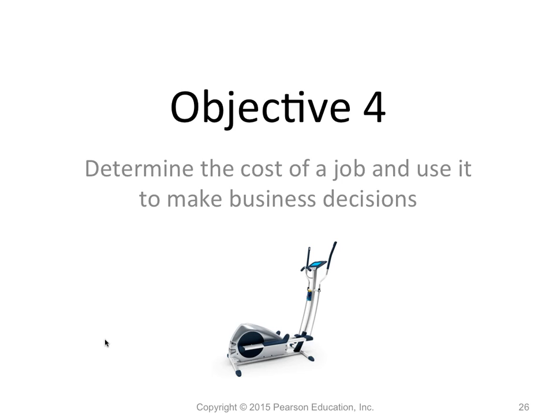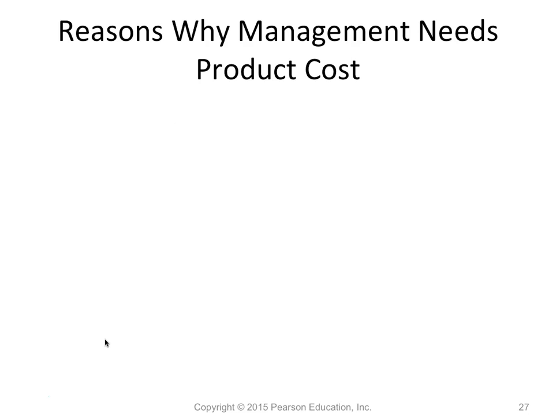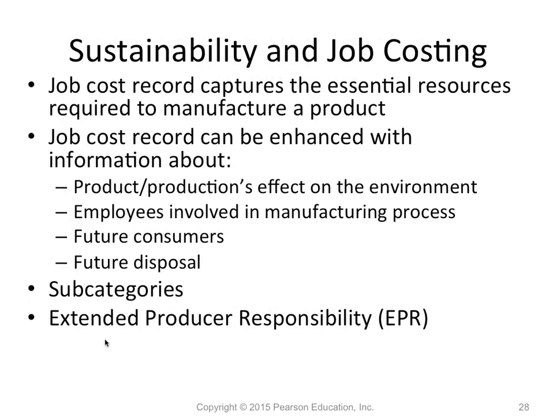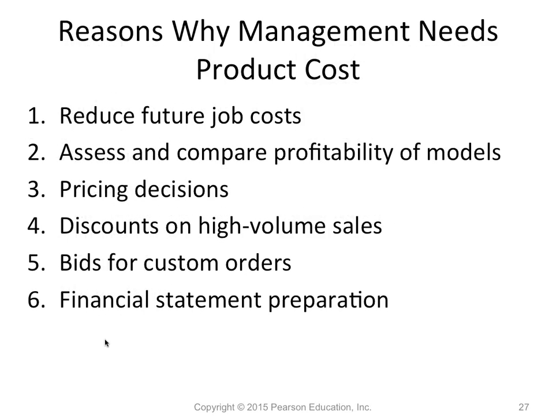Okay. So now we are going to determine the cost of a job and use it to make business decisions. There are reasons why management needs to know the product cost. There are six reasons. One is to reduce future job costs. They're going to see, hey, this job costs too much, so let's do something so that it costs less.